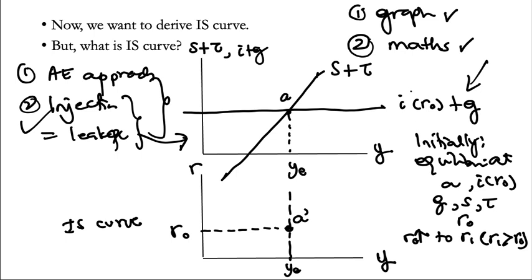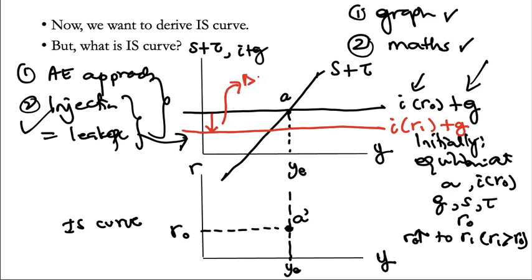Because we can see in the injection curve, there is investment demand affected by interest rate. So what will happen here is that the injection curve will shift downward from I(R0) plus G to I(R1) plus G. And the reduction in investment here is actually the change in investment equivalent to I(R0) minus I(R1), isn't it?